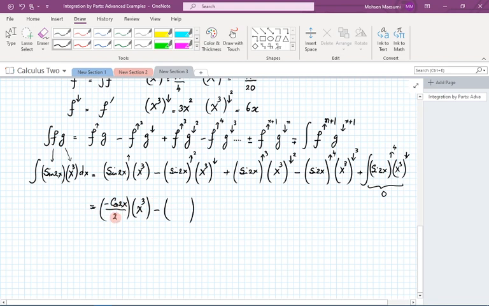Well, I have a 2 here. Another 2 is going to come because of the chain rule. So that becomes a 4. Cosine becomes sine, and the minus stays. Next, this has to be differentiated. That is easy: 3x squared plus. This has to be anti-differentiated again.